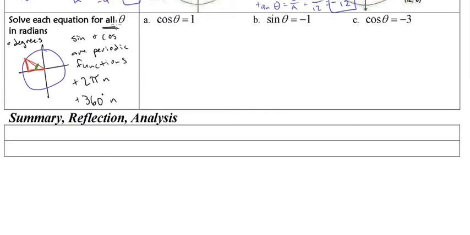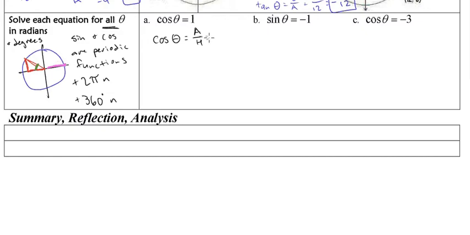All right, so let's go through this. Cosine of theta equals 1. And so where would cosine equal 1? Cosine of theta is adjacent over hypotenuse. And so where would the adjacent over hypotenuse give us 1? That's going to be only here, at, let's go with pink, only at 0 degrees, because the adjacent side is your x value.